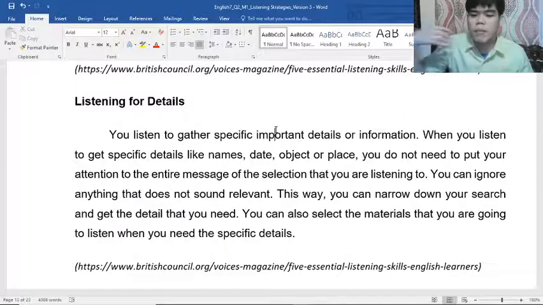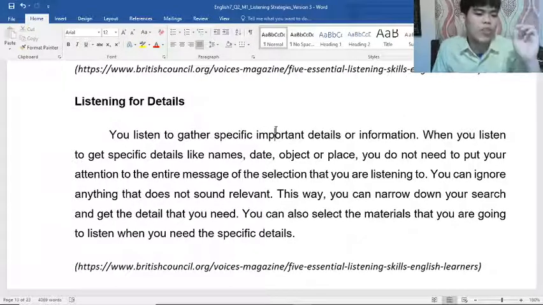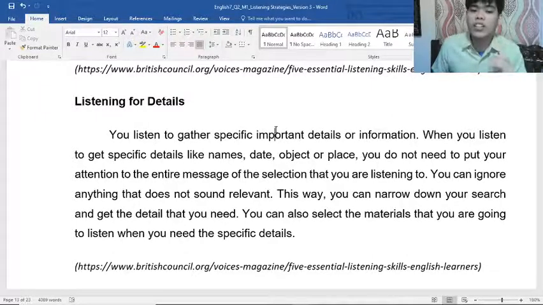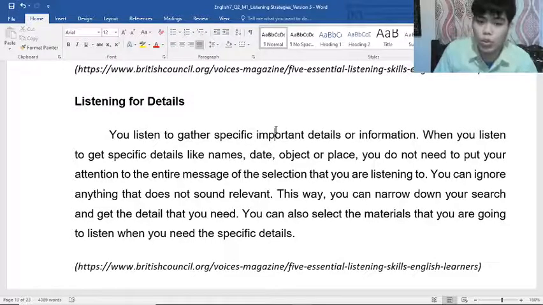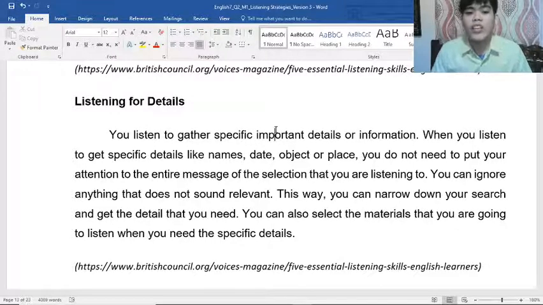Now you are also listening for the details. Again, they're going to speak many things, but since you already know the main idea, the main point, that there was a murder, what are the things that you need to listen to? Oh, so now you're listening for details. Where were they during that time? What were they doing? What are their names? How old are they? And are there any weapons in the crime scene?